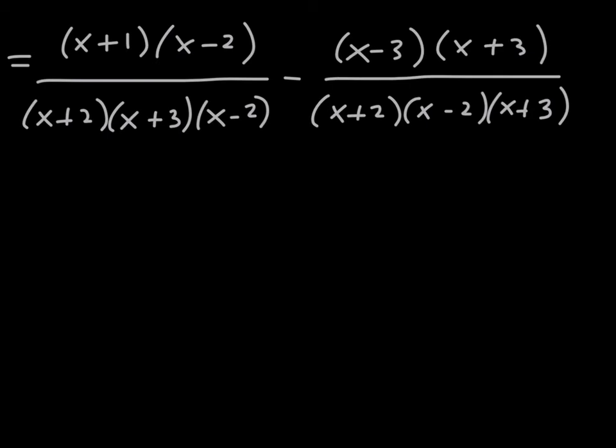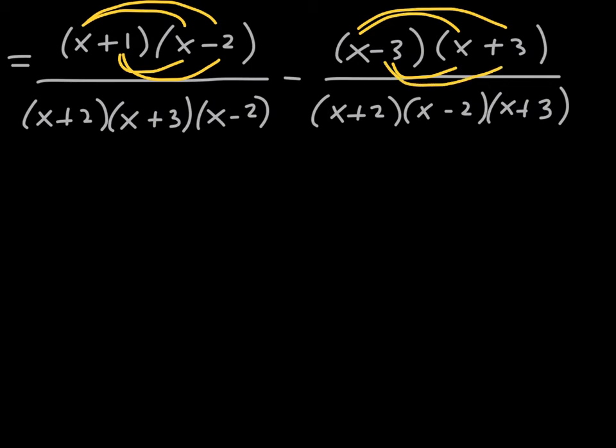Now, the next step is to distribute these numerators. So it's x times x, times negative 2, 1 times x, 1 times negative 2. Over here, x times 3, negative 3 times x, negative 3 times 3. Do not distribute the denominators. The denominators, keep them the same and keep them in factored form.